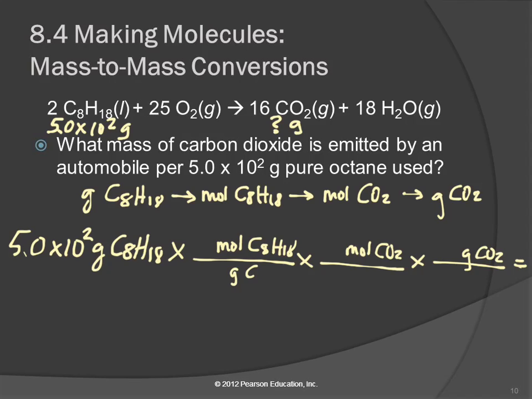So grams C8H18. Those guys then cancel out. Over here, I'm going to put moles of C8H18 in the bottom so it can cancel the previous term on the top. And at the end, I've got moles of CO2.